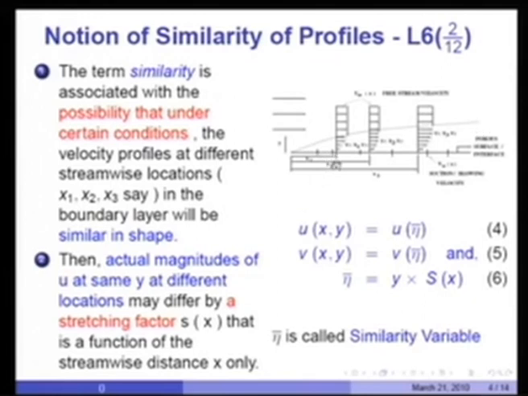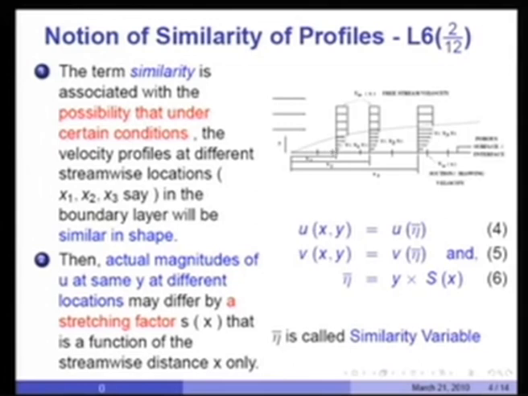The velocity profile at x 1 is as shown here, at x 2 it is as shown here, and at x 3 it is as shown here. Now, of course, in terms of boundary conditions, they are u equal to 0, u equal to u infinity here, and the same at each location. The question we ask is, they look similar, yes, but can they be collapsed onto a single curve?